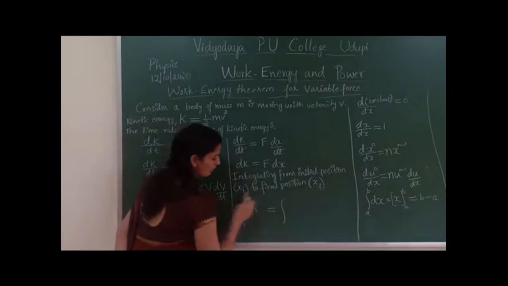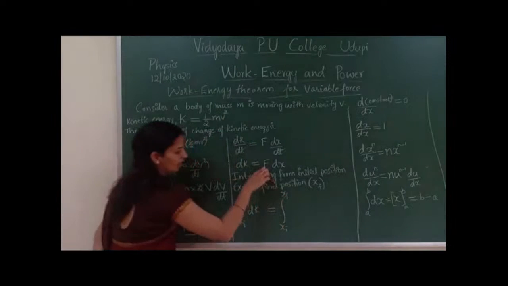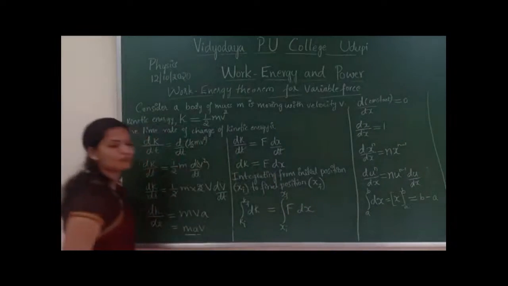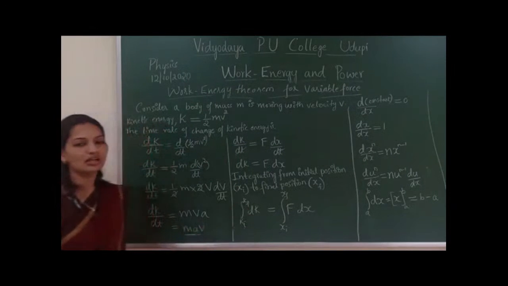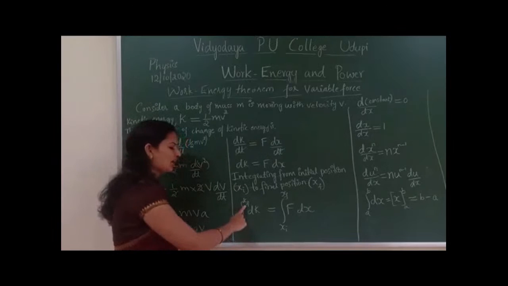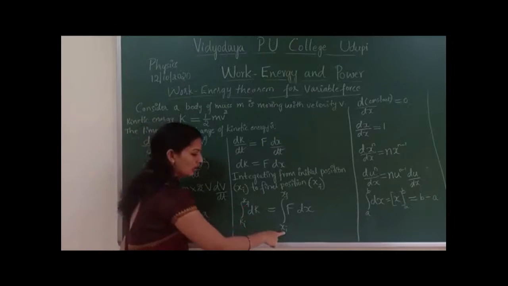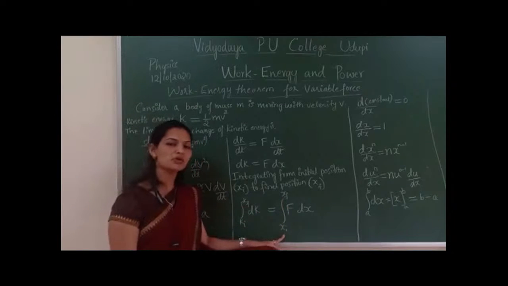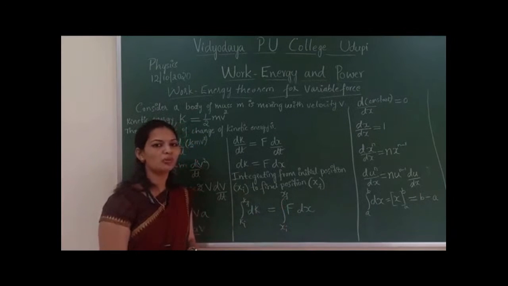which is equal to the integration between the limits xi to xf of F dx, where Ki and Kf are the initial and final kinetic energy corresponding to xi and xf, where xi is the initial position of the body and xf is the final position of the body.